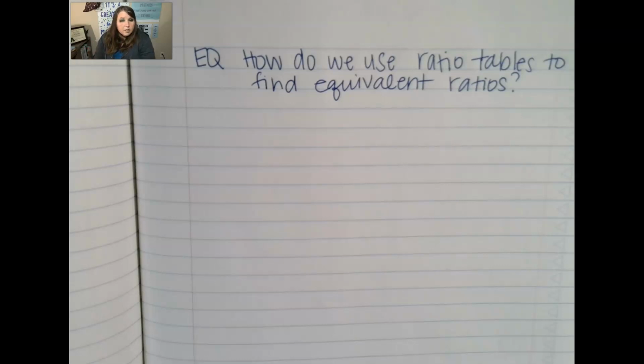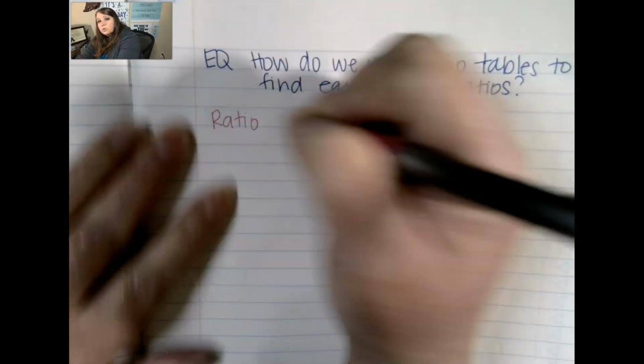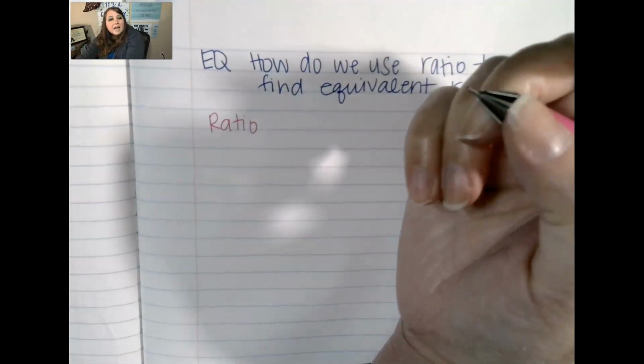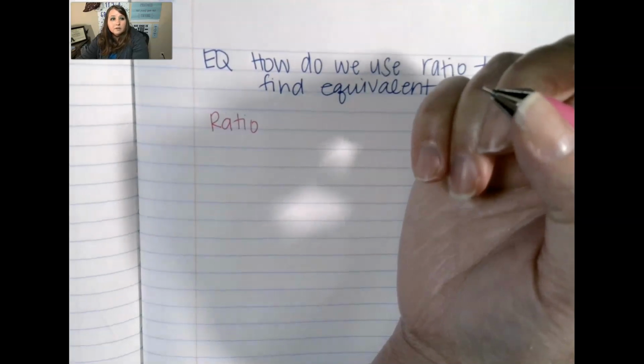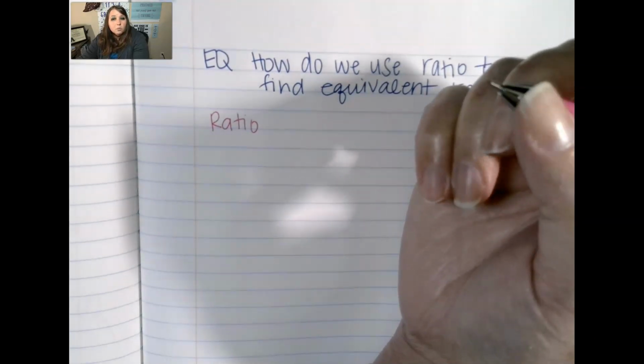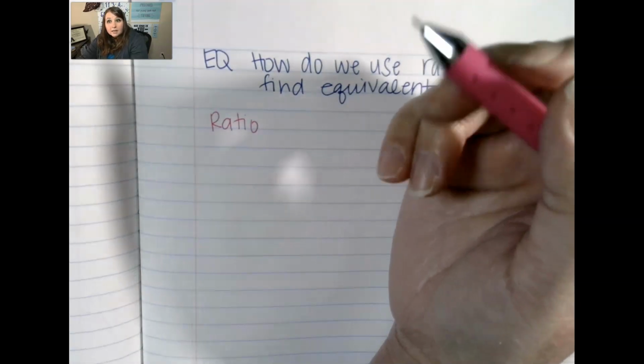So first of all, we want to know, what is a ratio table? Well, a ratio table is a special tool that we use to organize our ratios so we can find a multiplicative relationship, meaning we're going to use this tool to either multiply or divide.